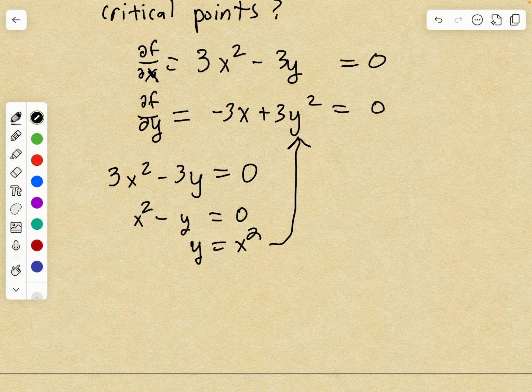So instead of simplifying both equations, I suggest that you work with the first equation, get y = x², simplify that and then plug that directly in. Once you get y in terms of x or x in terms of y, just plug that into the second equation. So when you do that, you're going to get −3x + 3(x²)² = 0.